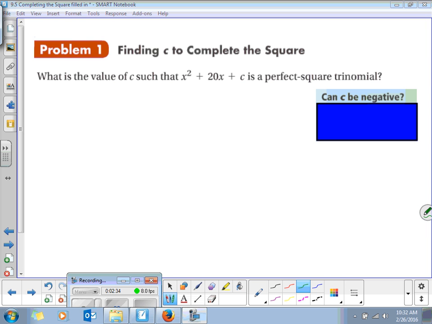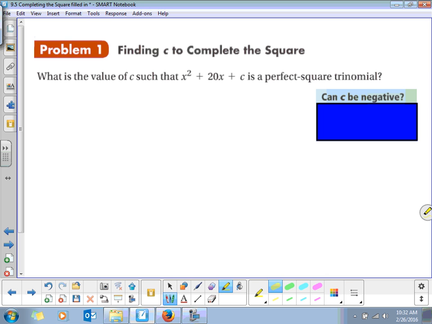So problem 1 is finding c to complete the square. We want to know what is the value of c such that x squared plus 20x plus c is a perfect square trinomial. Now, I have a question over here. It says, can c be negative?